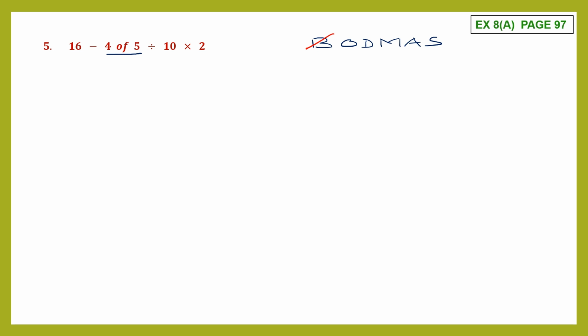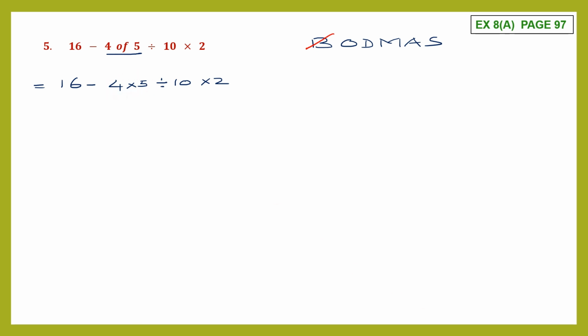So let's do that. So that will be 16 minus 4 into 5. Instead of writing of, I'm writing the multiplication sign, and write the rest as it is, 10 into 2, and because it is off, only because it is off, we're going to do that first. So let's do that here.